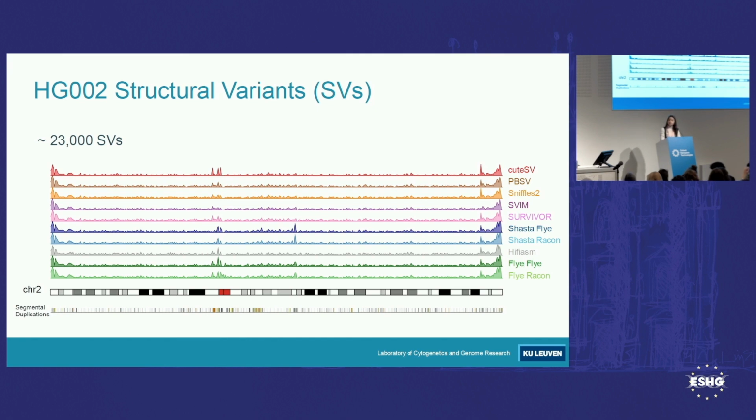What is pretty obvious is whatever tool you use and whatever starting point you have, whether you start from mapping or from de novo assembly, you do always have a very high density of structural variants at the repetitive regions, mainly telomeres and centromeres.